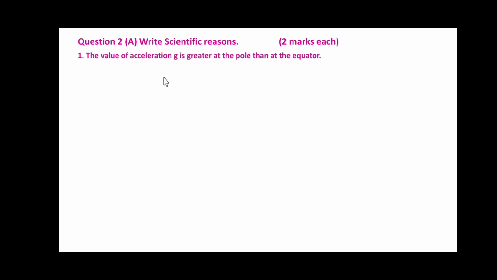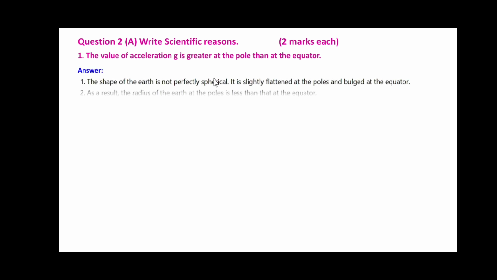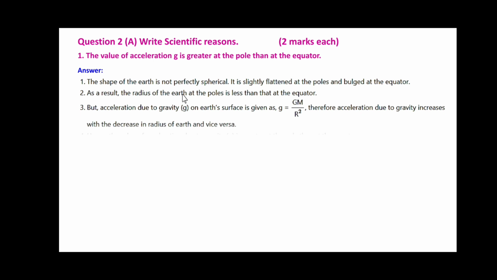Number 1, the value of acceleration g is greater at the pole than at the equator. The answer will be, the shape of the earth is not perfectly spherical, it is slightly flattened at the poles and bulged at the equator. As a result, the radius of the earth at the poles is less than that at the equator.